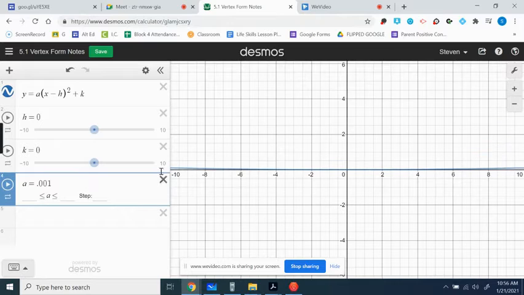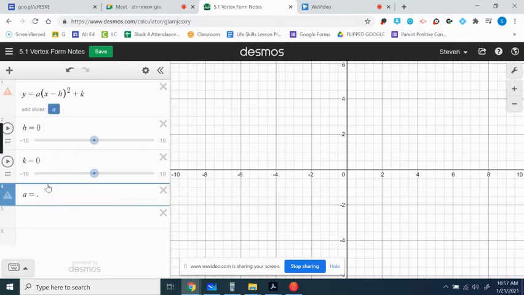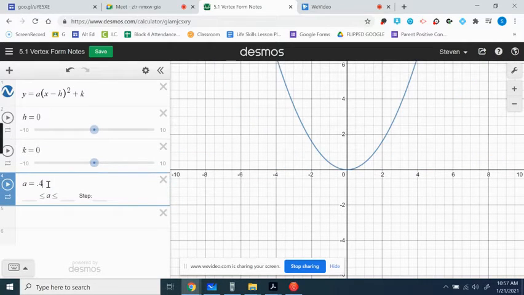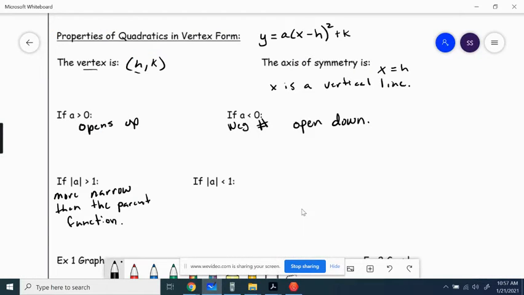Add another, and it's super wide. Let's mess around a little bit here. 0.4 is definitely wider than the parent function. 0.7, wider. So it looks like if the absolute value of a is less than 1, then the parabola will be wider than the parent function.